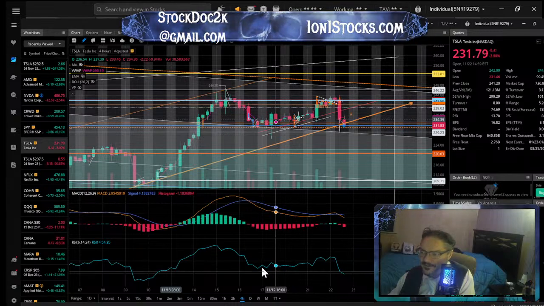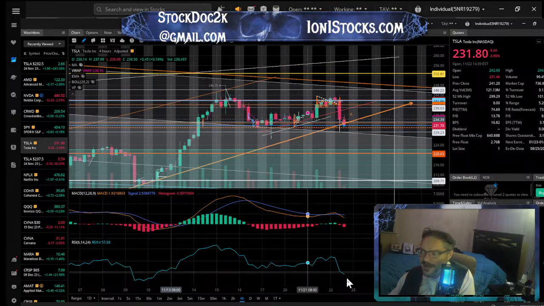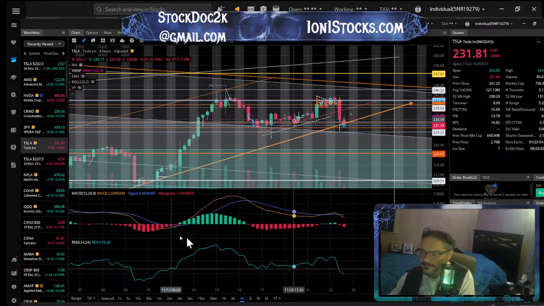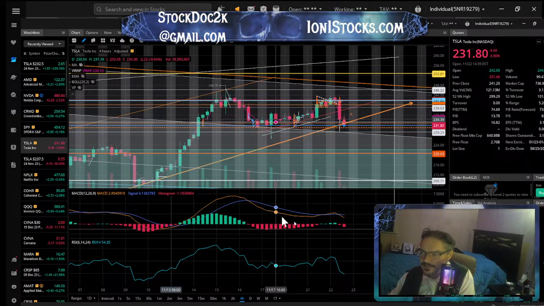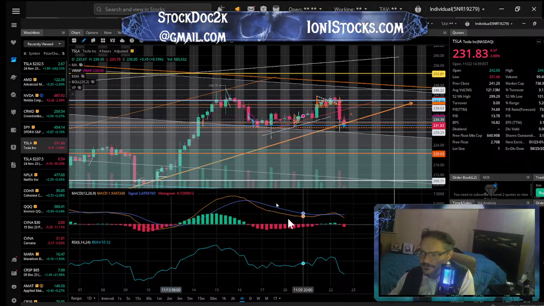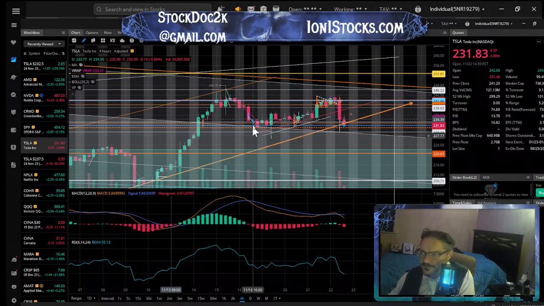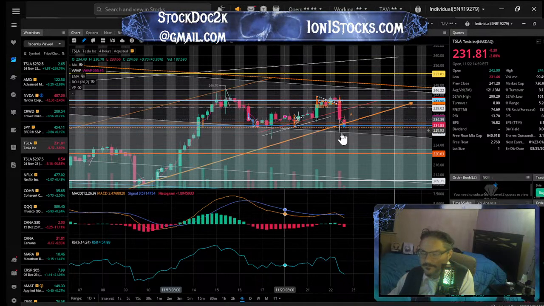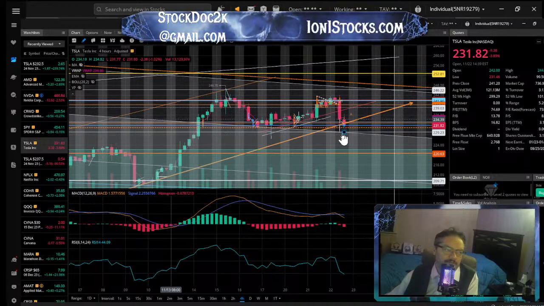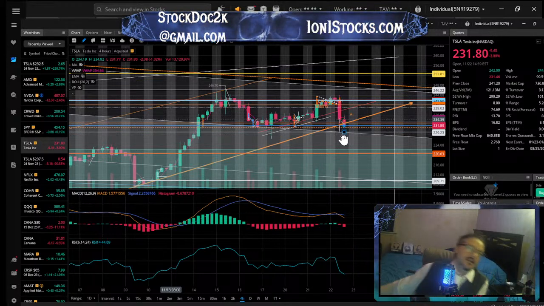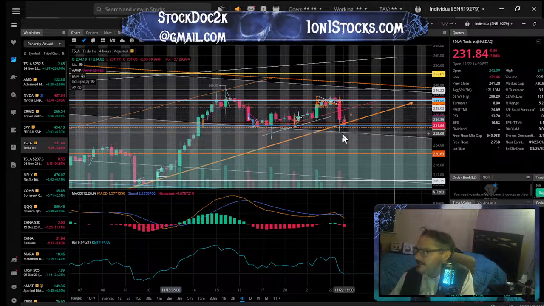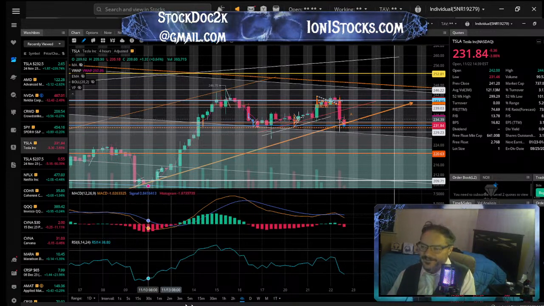The RSI on the bottoms. The valleys are going down. The MACD isn't really showing us anything. It's just one straight move. So the RSI is going down. The price action is staying the same. That lines up with nothing. Nothing. You've got nothing. All right, let's get back to the 5 minutes.